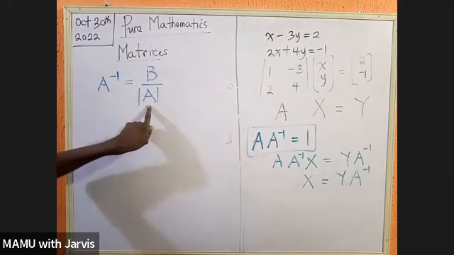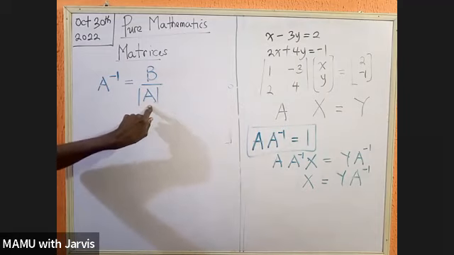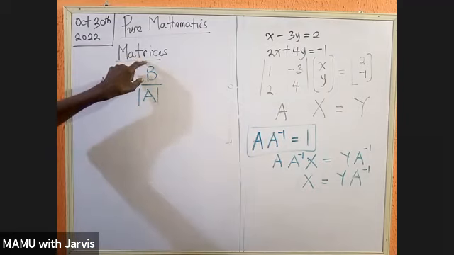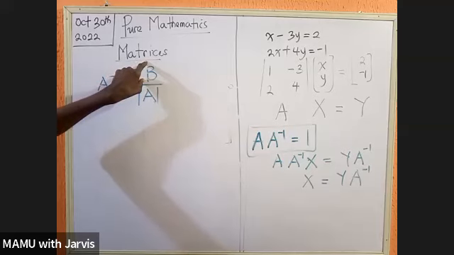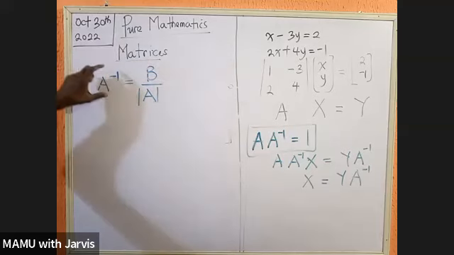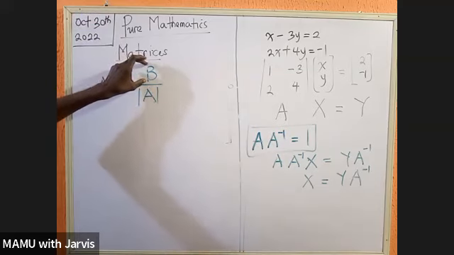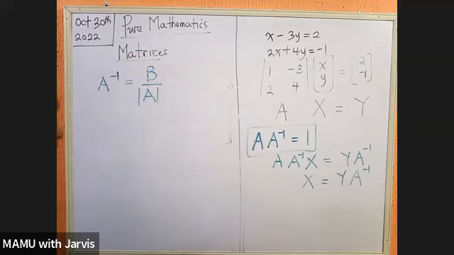This A modulus refers to what is called the determinant. This is a determinant. The inverse matrix is giving us this matrix, what you may call the cofactor matrix, all over the determinant.